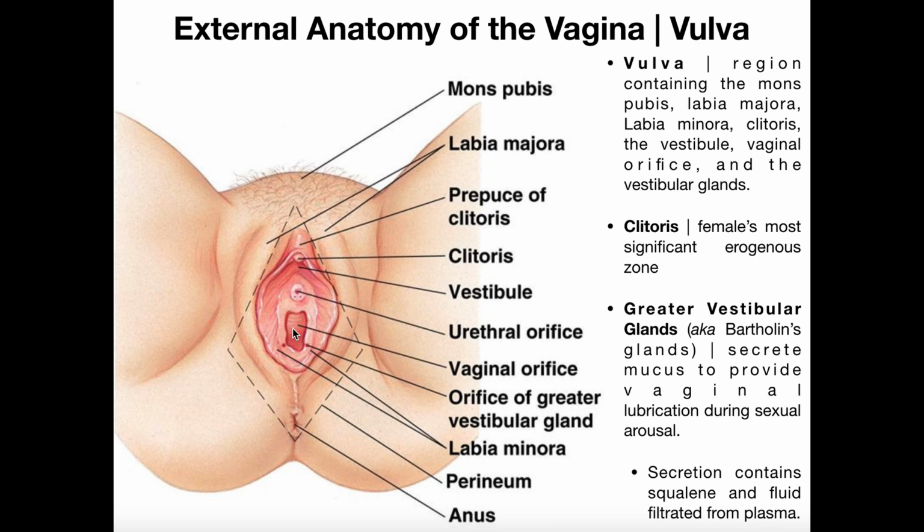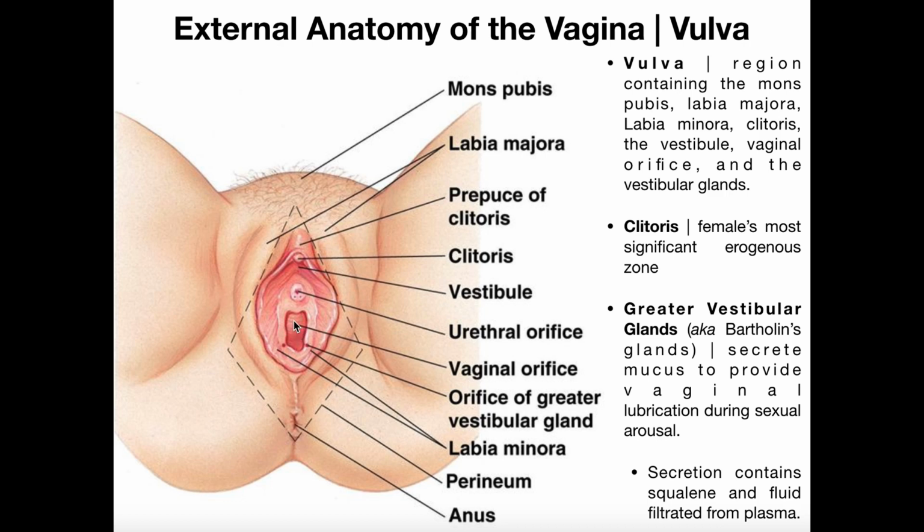Now, prior to sexual intercourse, the vaginal orifice is covered by that thin mucosal membrane called the hymen. But normally, if that's present, whenever sexual intercourse occurs, that hymen is destroyed, it's torn, and it basically disintegrates. Okay? And the vaginal orifice, of course, leads into the vaginal canal or the vagina.